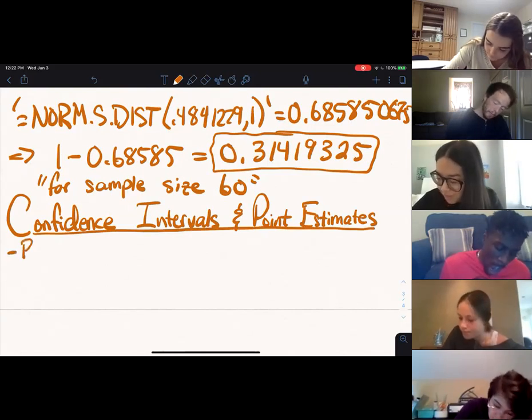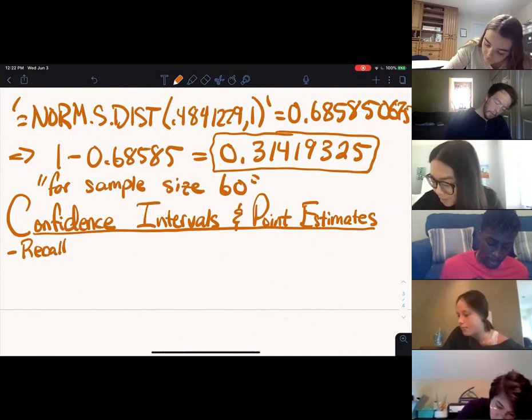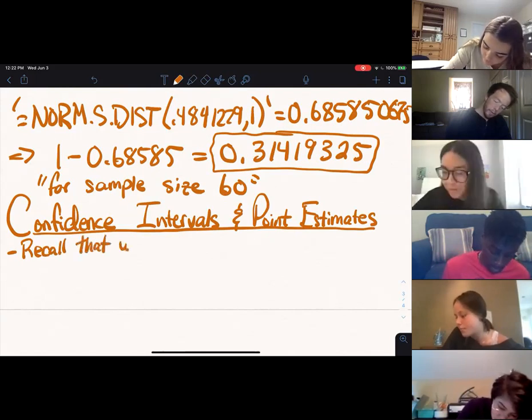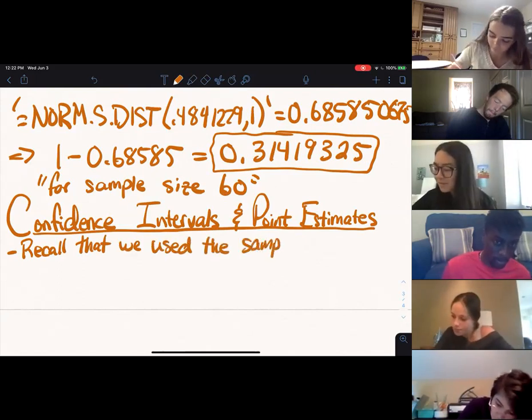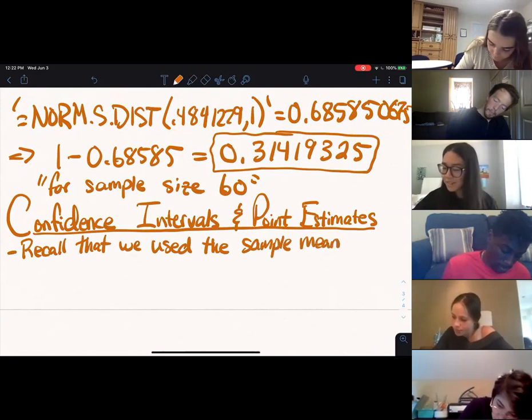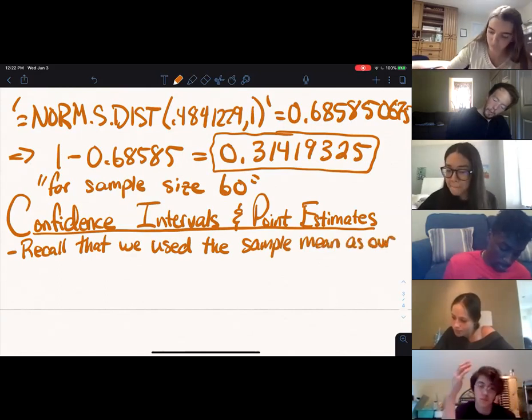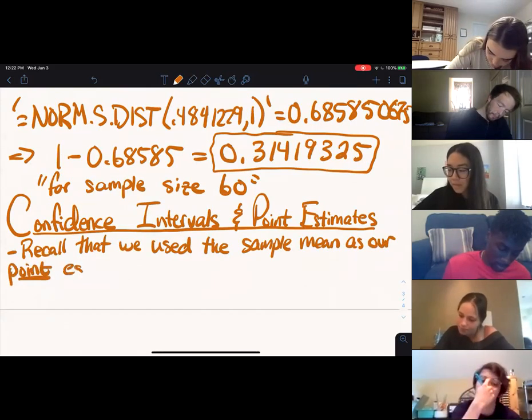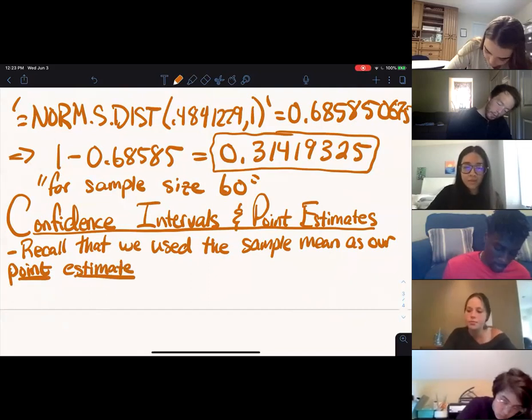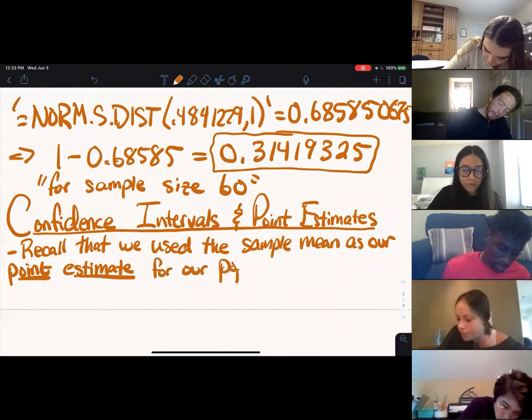So recall that we used the sample mean as our point estimate for our population average.